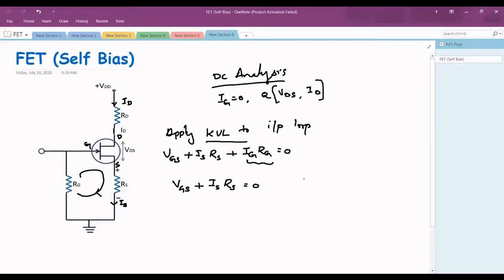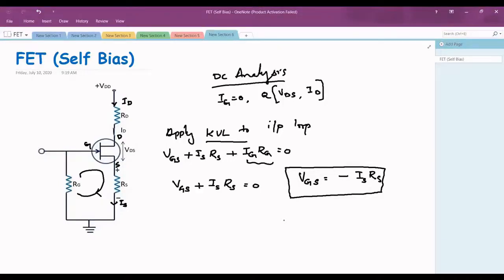Taking this to the left hand side, we get the gate source voltage VGS as minus IS into RS. The voltage drop across RS, ISRS, is reflected at the gate source as minus IS into RS.